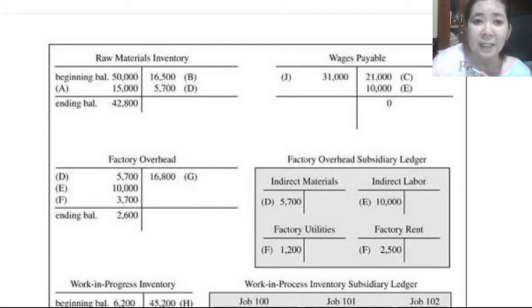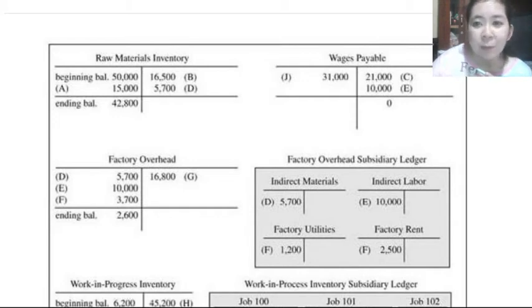So the ending balance is 42,800. 16,500, letter B, is our direct raw materials that is transferred to process, so that's why we credited it. 5,700 is the amount of indirect materials that we also transfer to process.